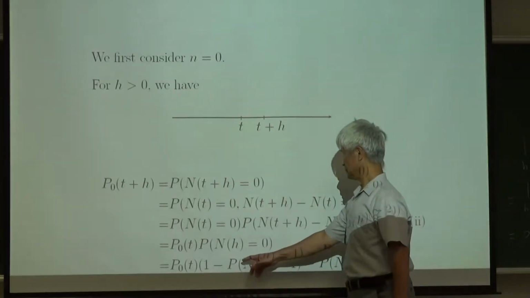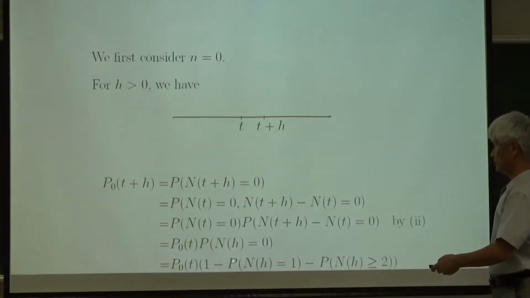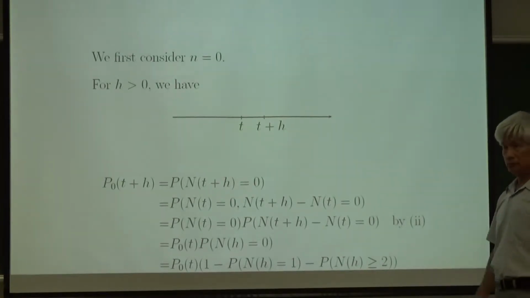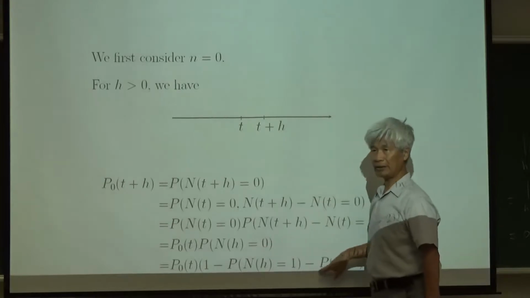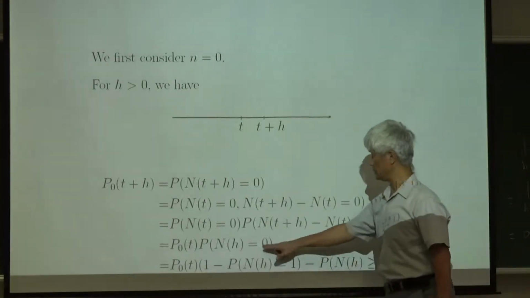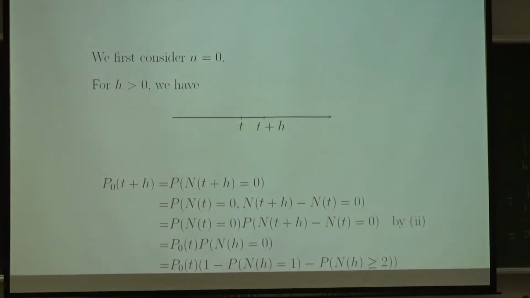Now, the probability of this event is equal to 1 minus the probability that N_h equal to 1 and minus the probability that N_h greater than or equal to 2, right? By the total probability theorem. So we have that. Alright, but we have some information about this probability and this probability from Roman 3 and Roman 4, right?